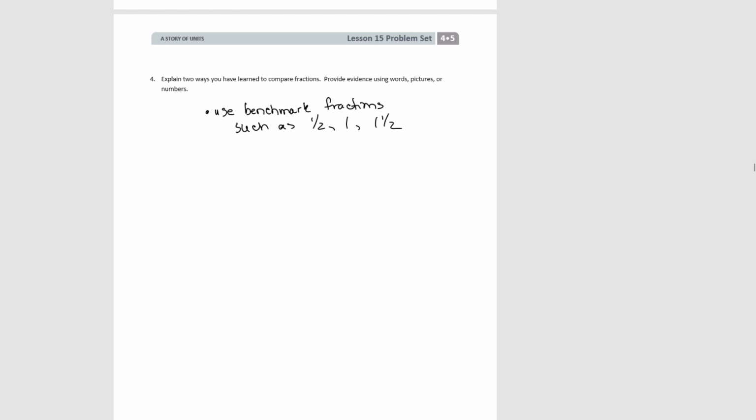Another one is to look for common units, such as same denominator, or same numerator.